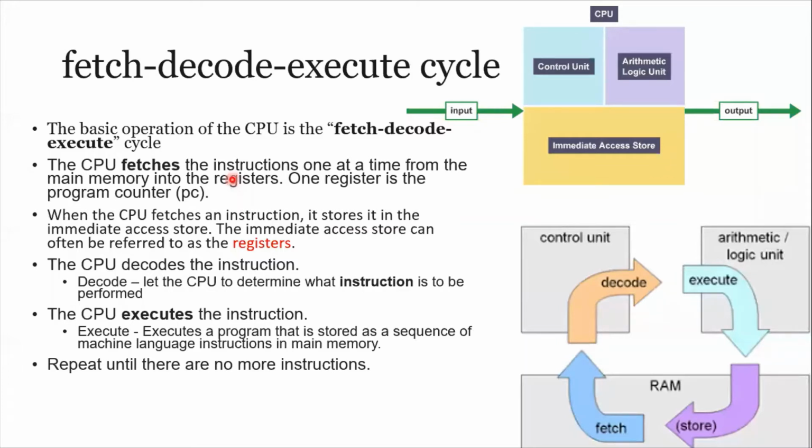Very fast. Once the register, the program counter, fetches the instruction, it stores it in the immediate access store. What's happening here is it extracts data from the main memory to the registers.